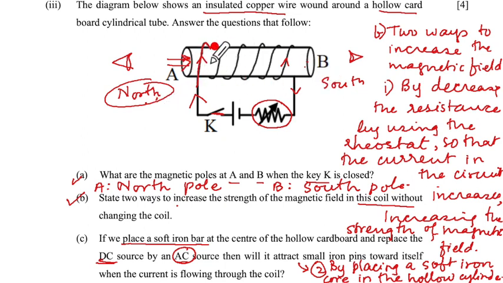So the magnetic property will be acquired by this solenoid. Only thing is that the polarity keeps reversing. So they are saying, will it attract? As long as there is magnetic property acquired by the solenoid, it will attract the soft iron pieces to itself. And the answer for this is yes.